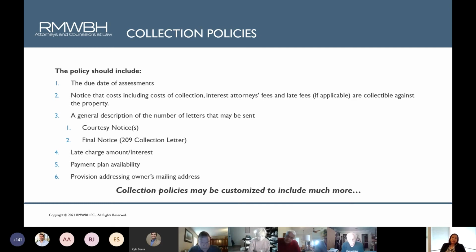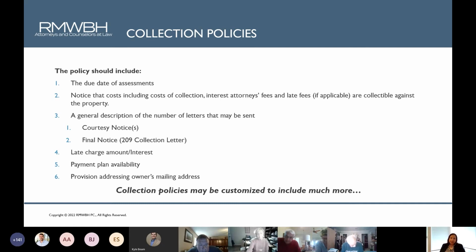The association isn't obligated to maintain a current address if the homeowner doesn't notify the association that there's been a change. If the homeowner moves out but retains the property and has an offsite address, then it should be on the homeowner to update the association and let them know about this offsite mailing address.